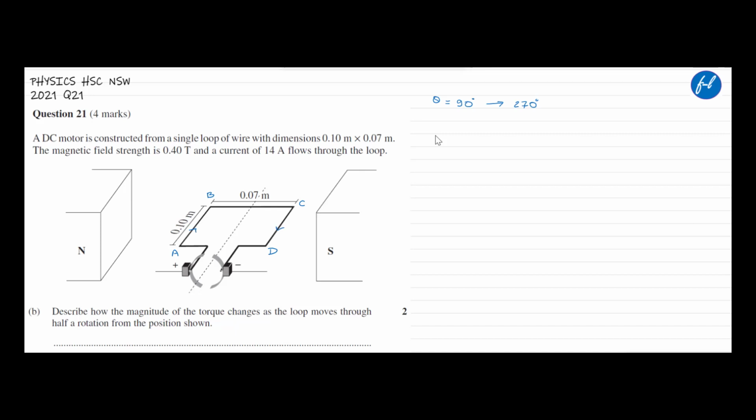If we focus only on the segment of the coil which is AB, we see that current is going into the page, and the magnetic field is towards the right. So if I draw it, we have to find out the direction of the force.